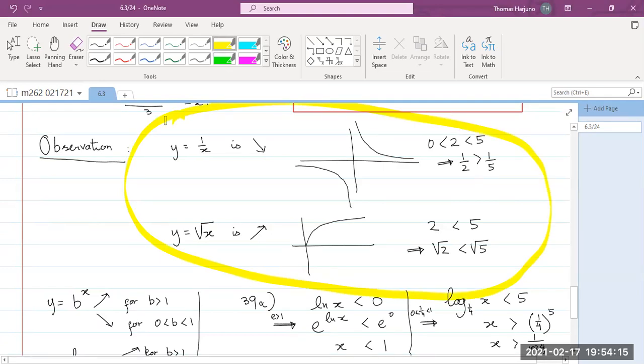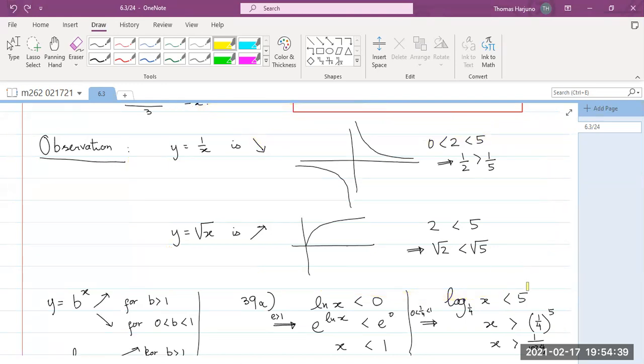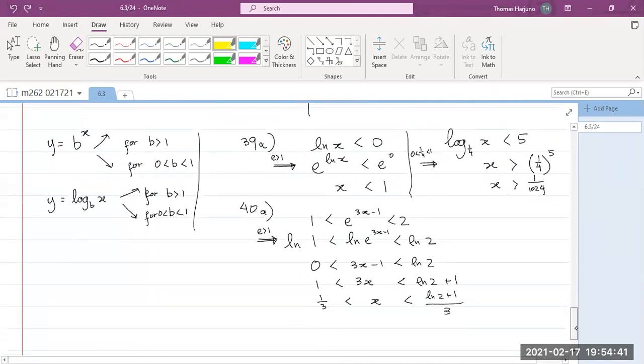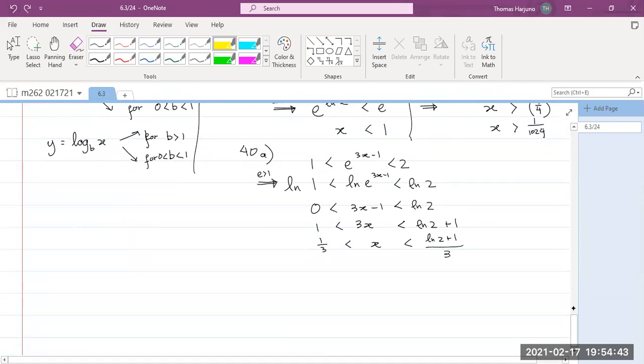Because it is decreasing, the further you go to the right, the smaller your y value. I reserve this question for after I'm done with that inequality, with the equation. How about part B?